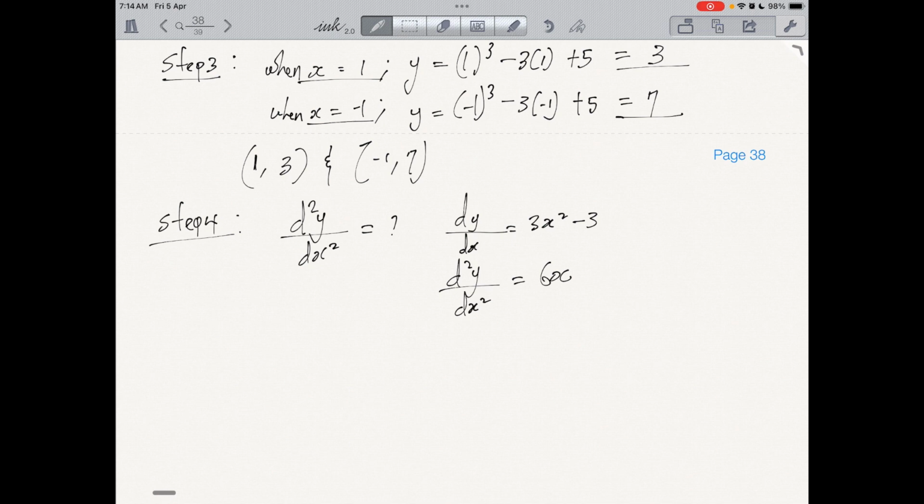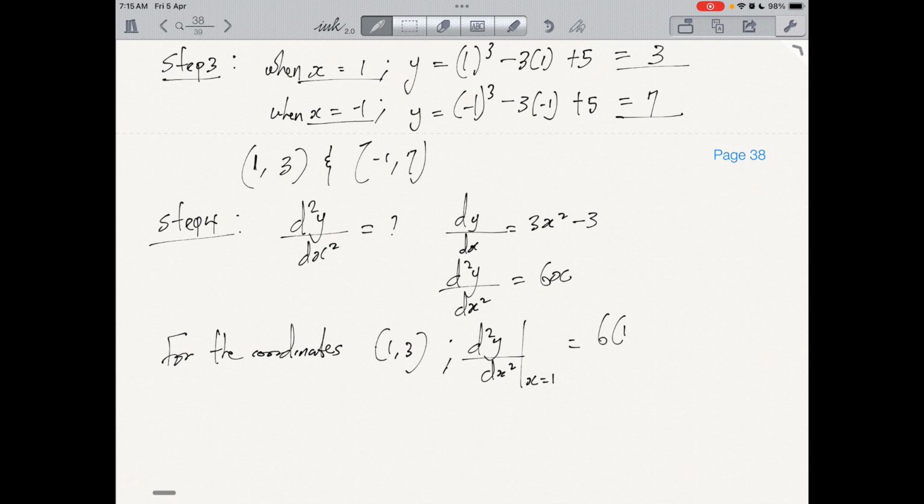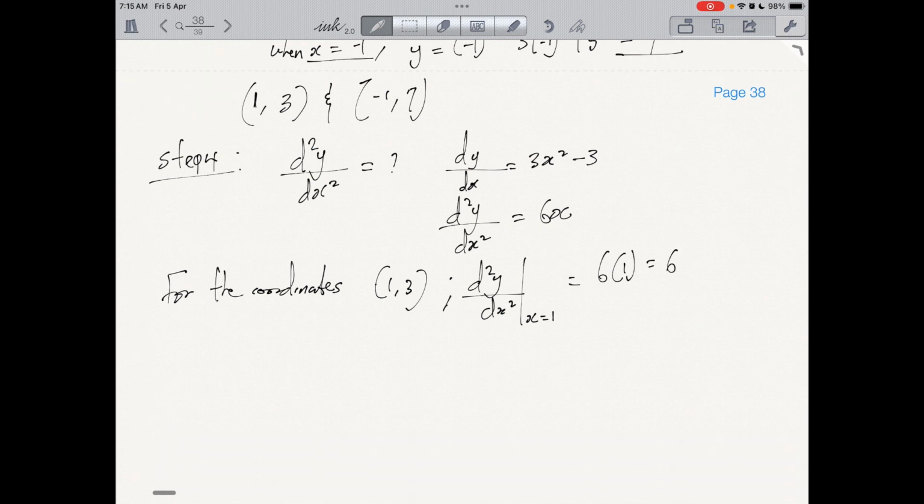Now, for the coordinate (1, 3), we are going to evaluate d²y/dx² at x equal to 1. That means this is 6 into 1, and that is 6. Now we can see that this is greater than 0.